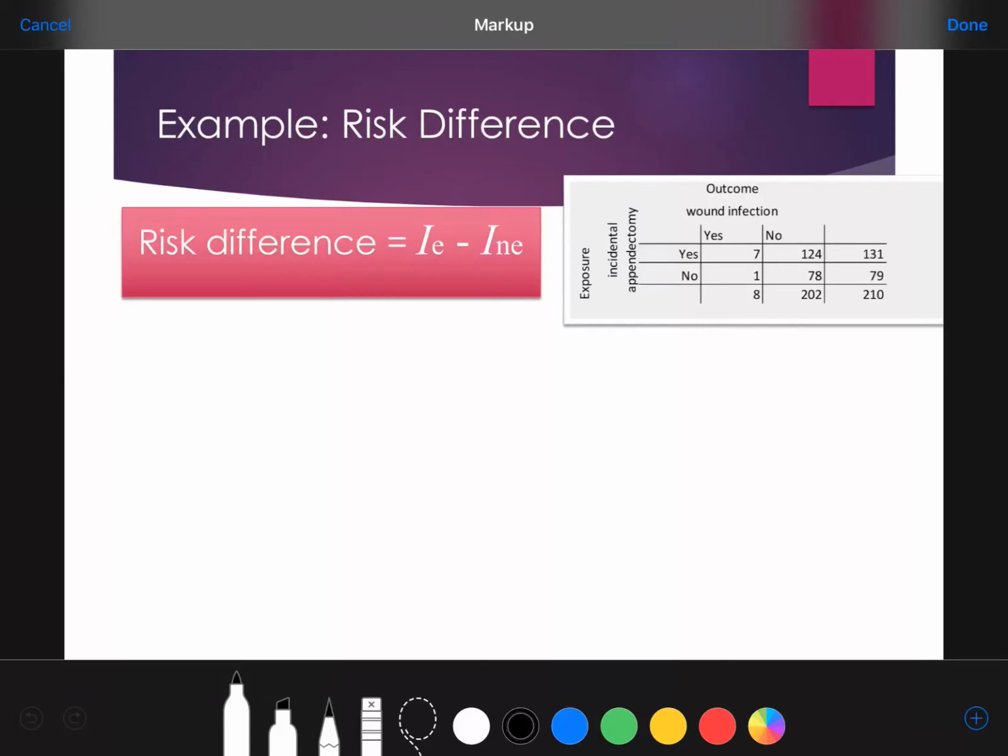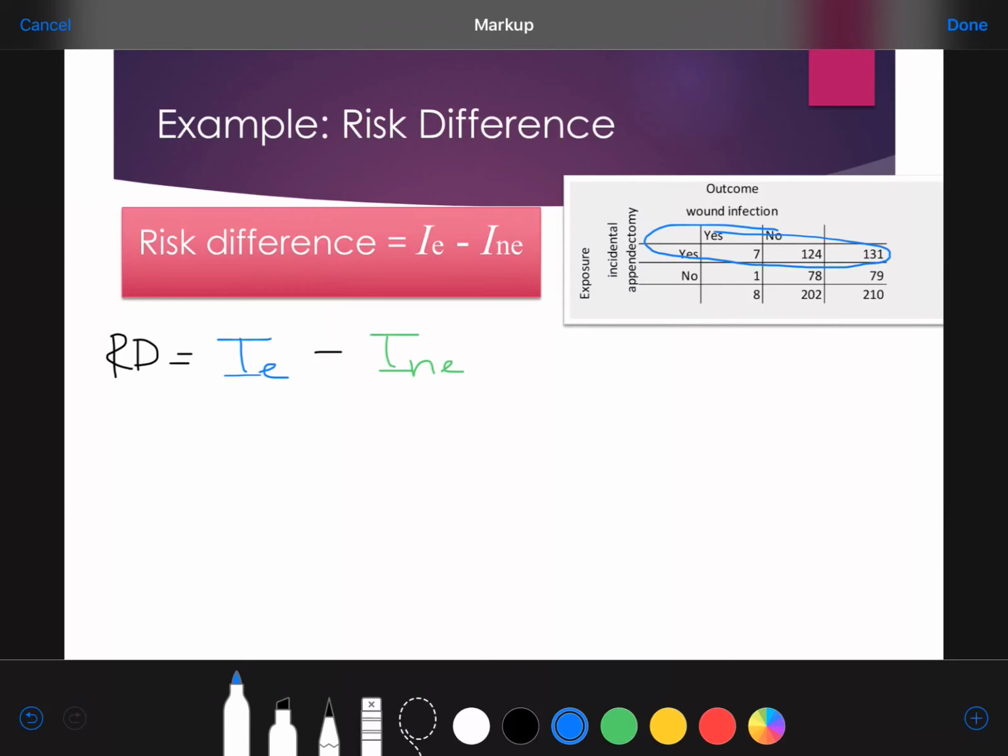So, how do we calculate this? RD equals IE minus INE. I'm just going to stick with the same colors to keep us focused throughout this. So how do we calculate IE again? We have to look at our incidence in the exposed, right?